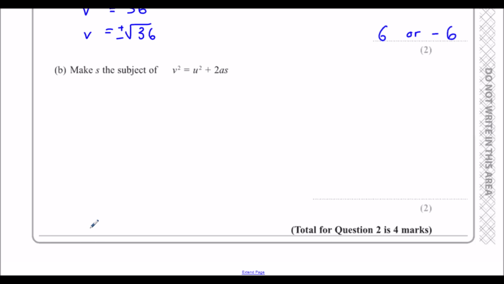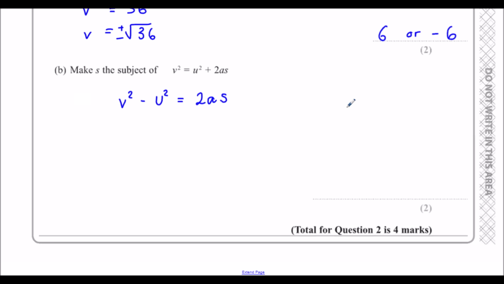Part B, make s the subject of v squared equals u squared plus 2as. That means get s by itself, make the formula s equals. So if I subtract u squared from both sides, I have v squared minus u squared is 2as.